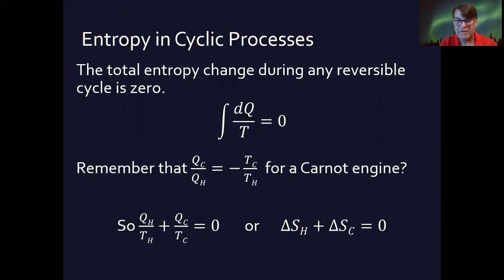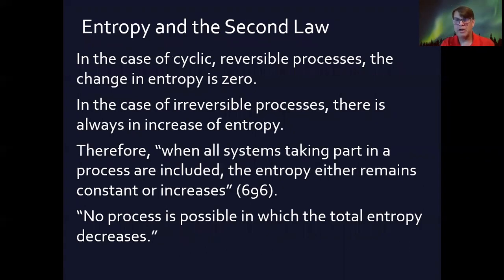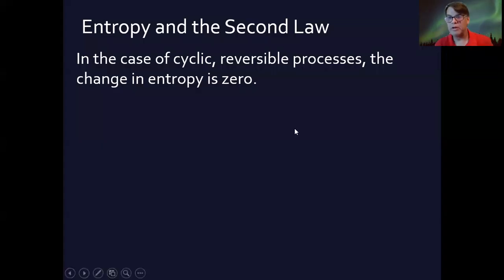And so we have a total change of entropy of 0. Well, let me go ahead and break this down. There, that looks better, doesn't it? We'll unfold it like a mystery novel. Okay, so basically, because the delta S at the hot and the delta S at the cold sum to 0, it evens out. And so in the case of a cyclic reversible process, the change in entropy is 0.